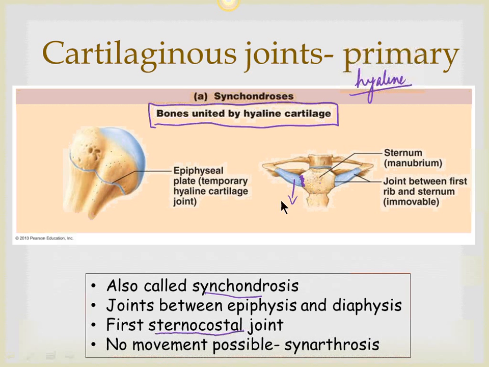So therefore, these joints, especially where the epiphysis and the diaphysis, where this cartilage, the bone soon overgrows it, the joint kind of fuses. So when the joint has fused, it's also known as synarthrosis. No movement possible. Remember, immovable joints were also called synarthrosis. So these primary cartilaginous joints are also immovable joints.